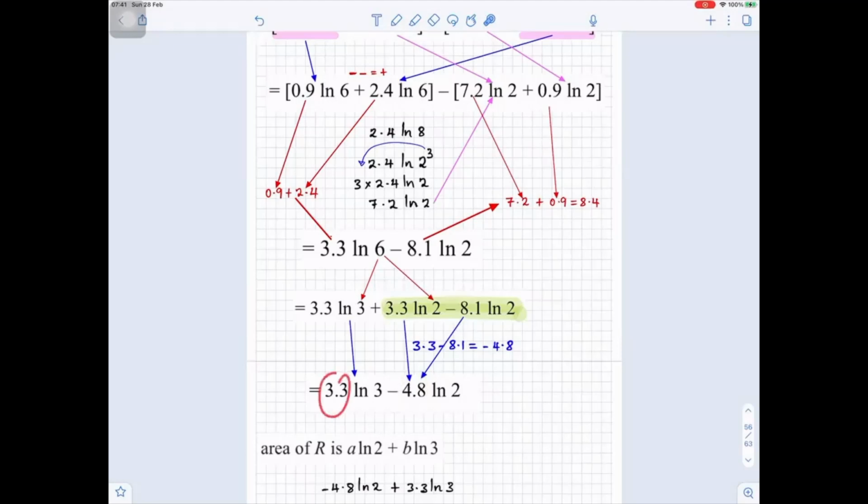So you have 3.3 ln 3 minus 4.8 ln 2. That's what you get. And you can swap them and put minus 4.8 ln 2 in front and 3.3 ln 3 at the end, so that you have something similar to what they want you to show for the area.